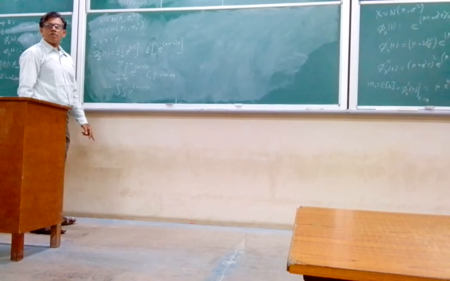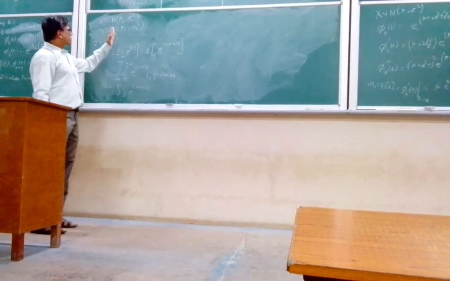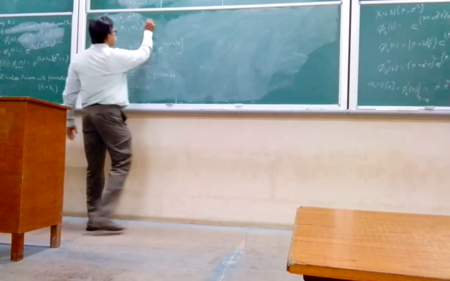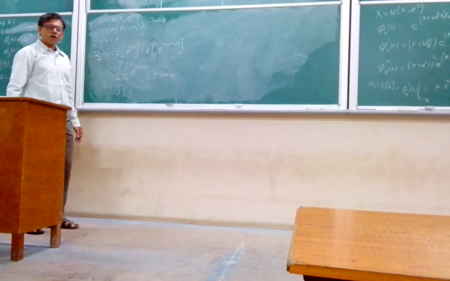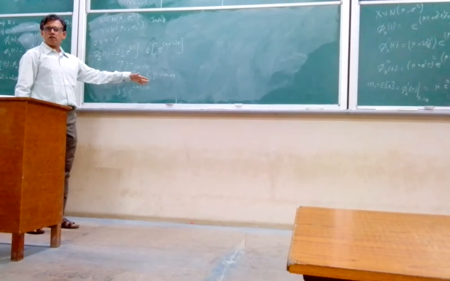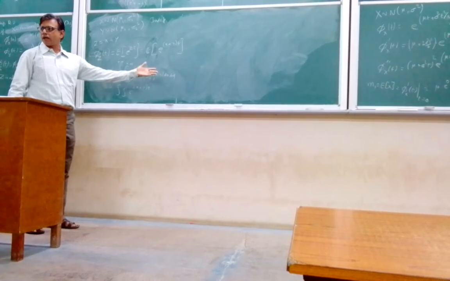this is again a joint distribution of X and Y, where X and Y are Gaussian. I will also add that they are independent. So what is the joint distribution of two independent Gaussian random variables?